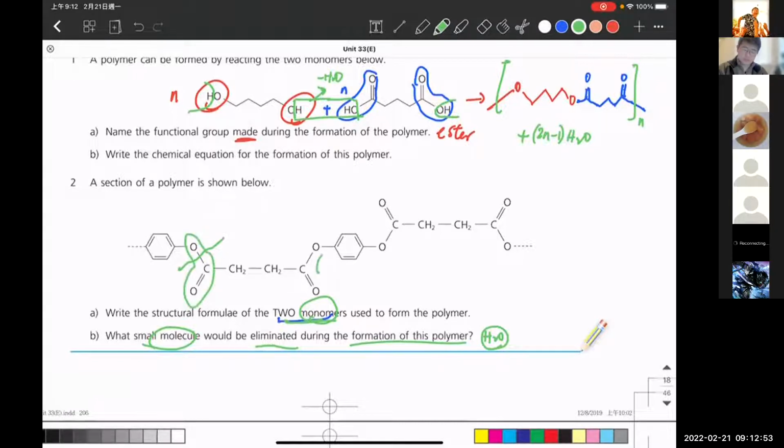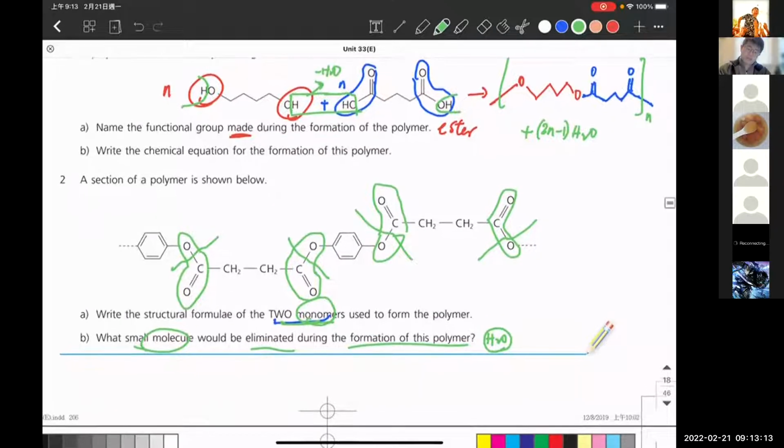Ester linkage. So you chop the ester. You try to break down the ester linkage bond. So what will you get? What you will get is the two original materials.